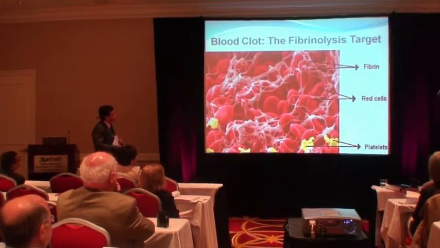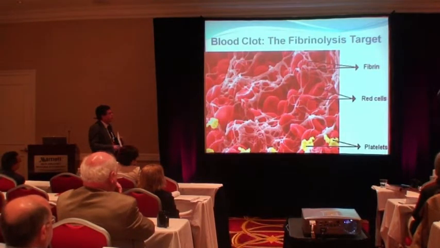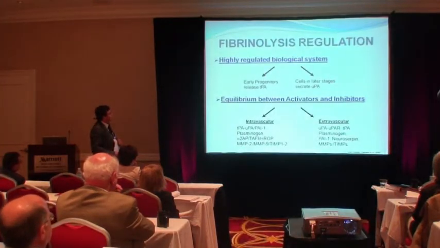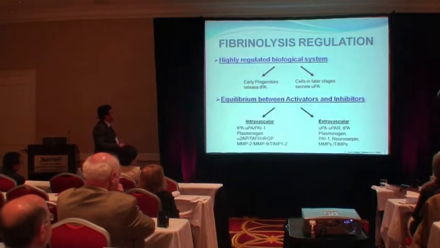This slide shows the clot. You know, the clot is not just a fibrin clot, but a much more complex clot containing platelets, which can contribute to enhancing fibrinolysis, and also many red blood cells. So therefore, fibrinolysis is a highly regulated mechanism in all its functions.